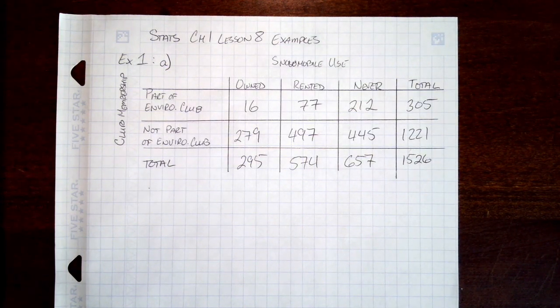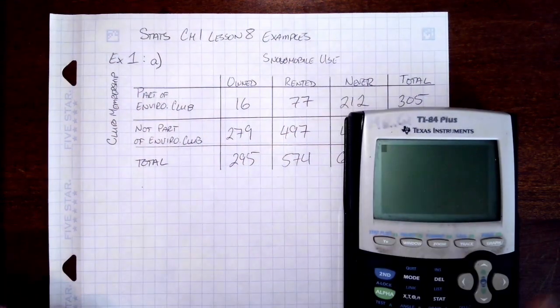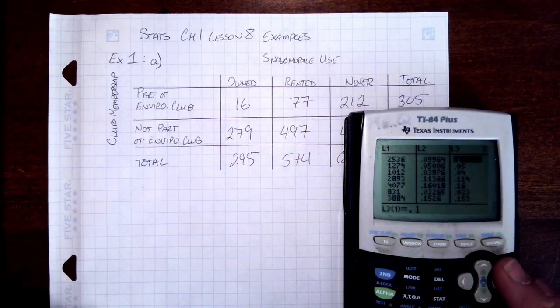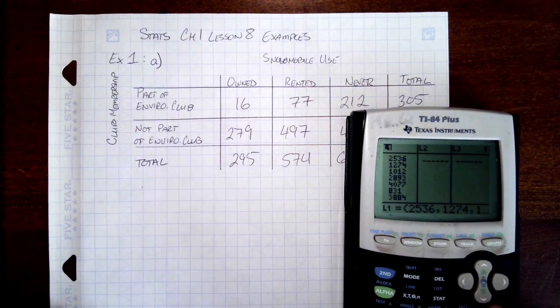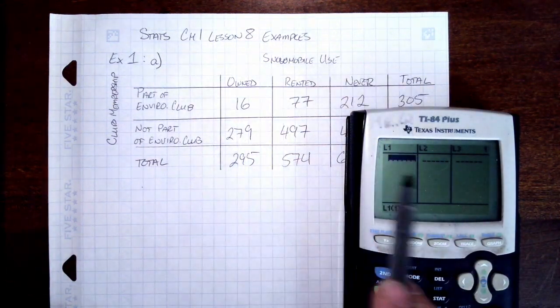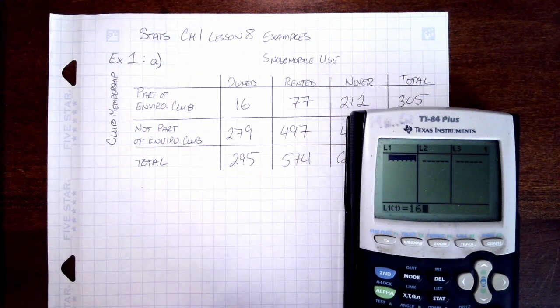So let's take each of those numbers. I'm going to order my numbers in a list particularly. Anytime you need to get rid of the numbers in a list, again, go up to the name, hit clear, and come back down. And I'm going to go across, across, and across.